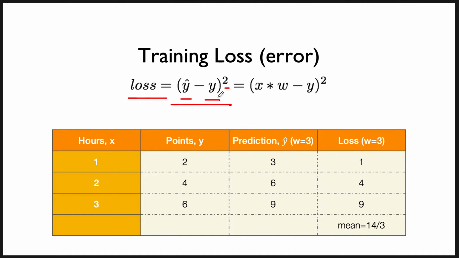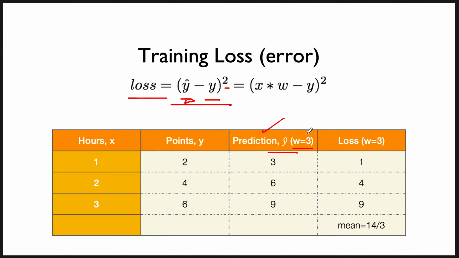The y hat is something like this, so we can express this form. The loss of some examples are here. W is a random guess. So we want to see how this loss changes using different cases over W.